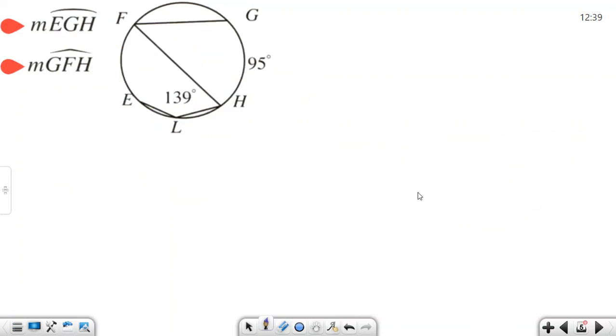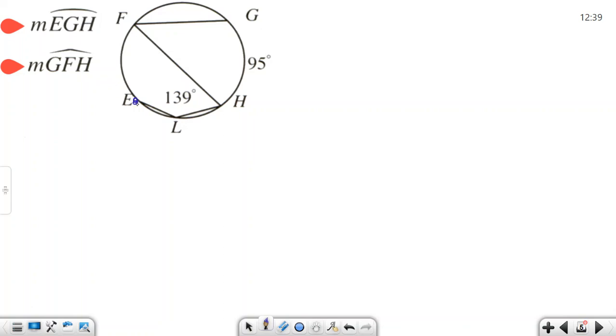Let's see another example. Measure of EGF, and that's an arc. Be careful here. It's asking for the whole arc EGH, sorry, EGH.